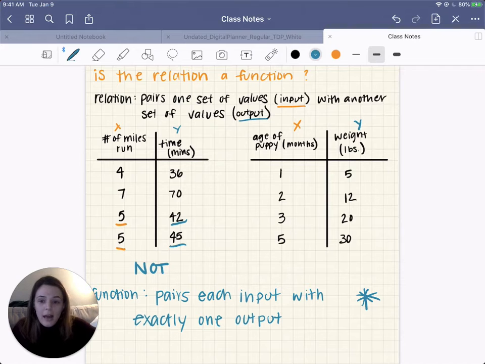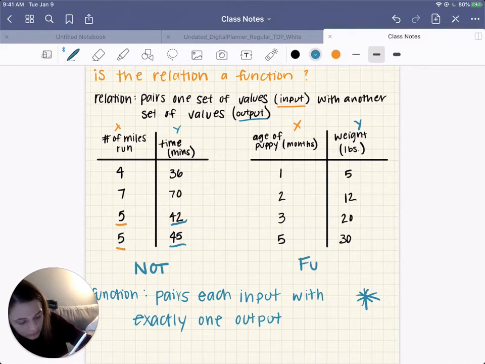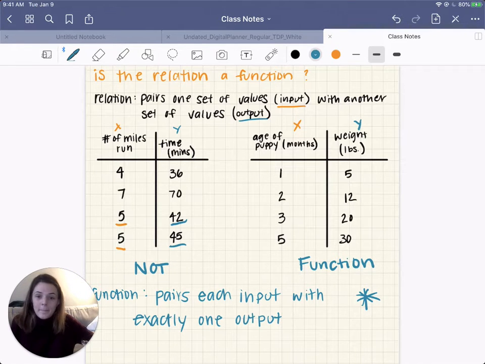You could never have two different outputs on the same day, right? If at the end of 5 months, the puppy weighs 30 pounds, that's always going to be the output that goes with 5, right? So this one is a function. The weight of the puppy is a function of its age.